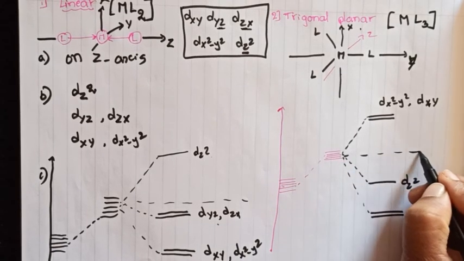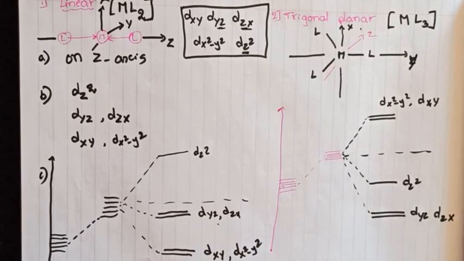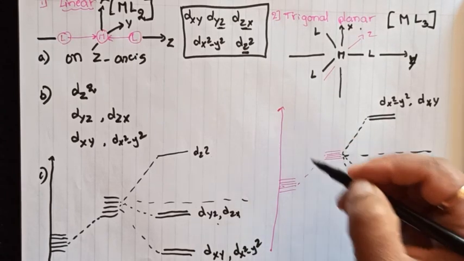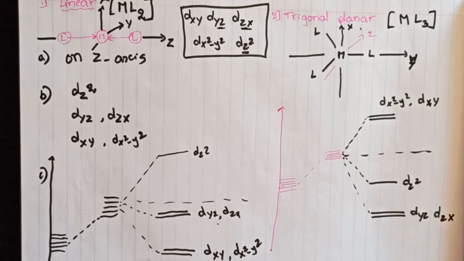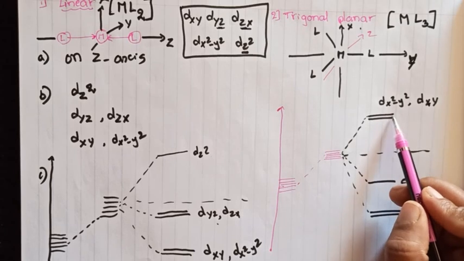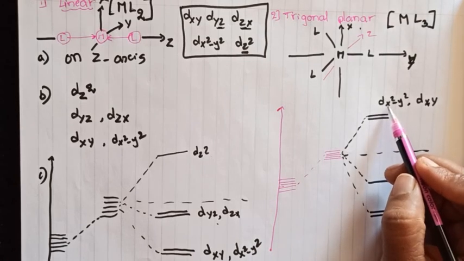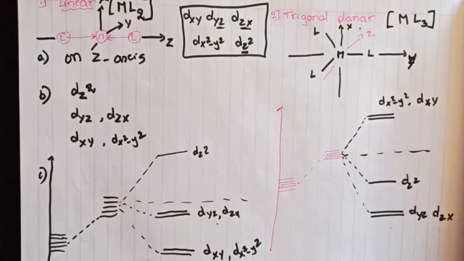The energy difference between these 2 levels is very small. So the 5 degenerate d orbitals of the metal undergo splitting into 3 different energy levels: one doubly degenerate, one single, and the other doubly degenerate. The highest energy level is the orbitals with lobes in the xy plane, followed by dz square and then dyz and dzx.